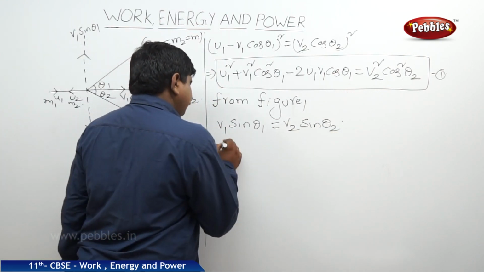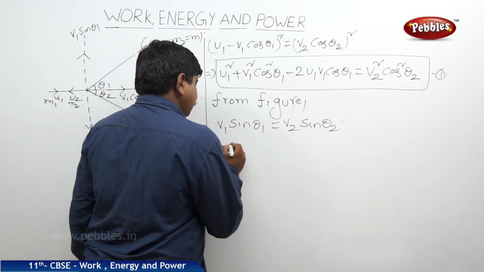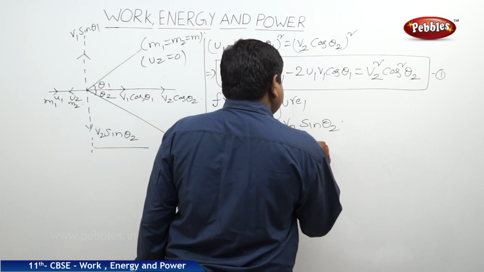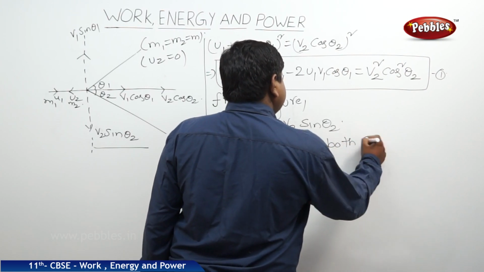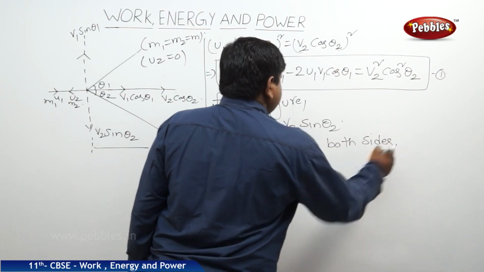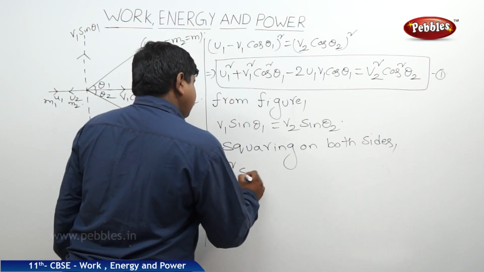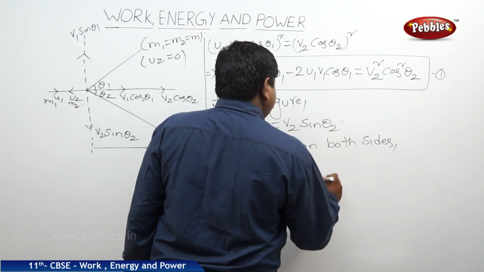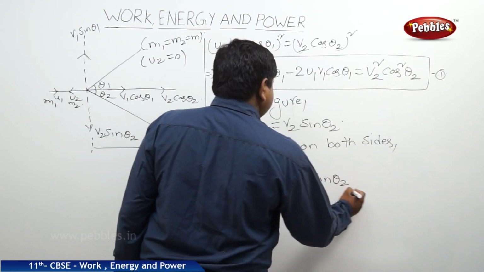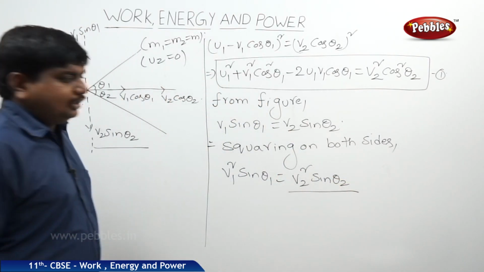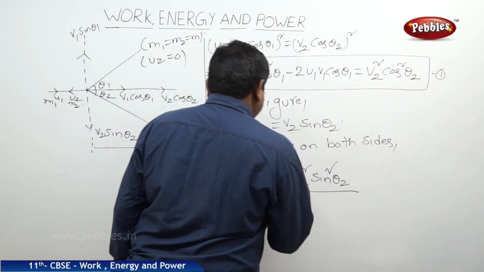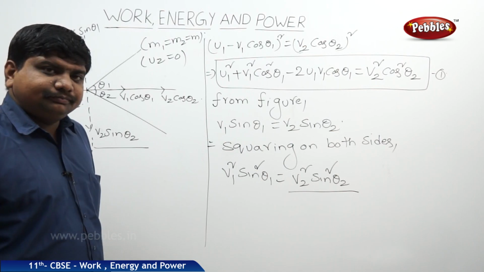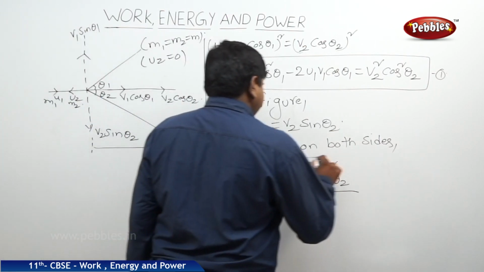So after squaring on both sides, we will get v1 square sin square theta 1 is equal to v2 square sin square theta 2. So this is, let us say, equation 2.